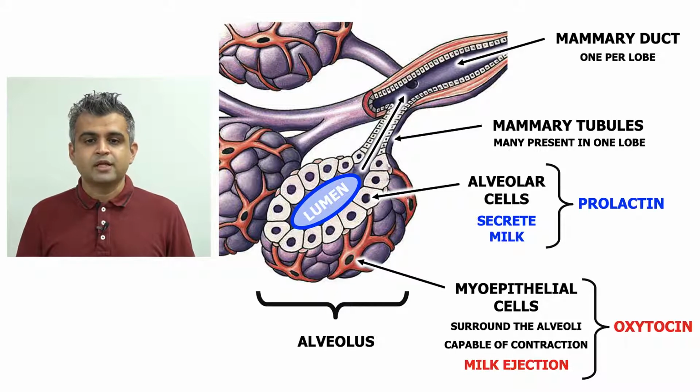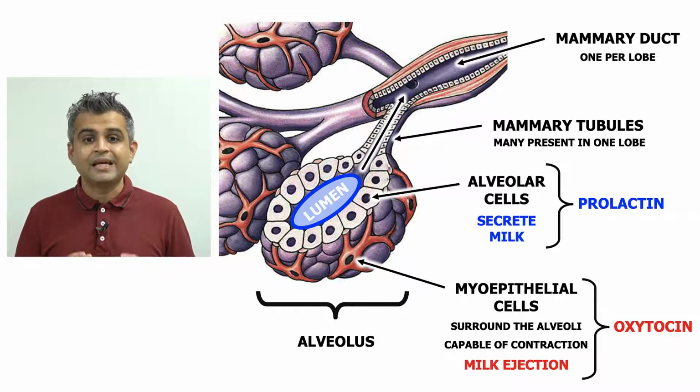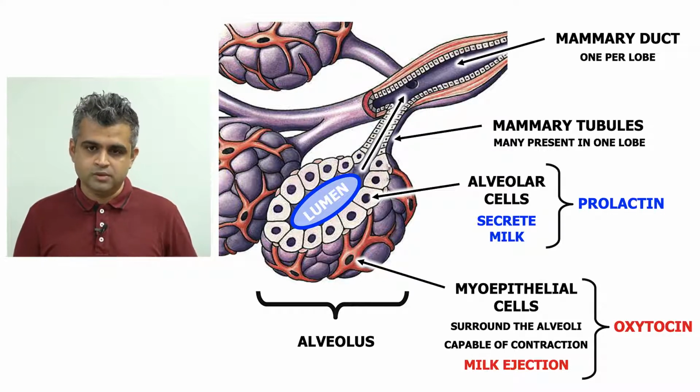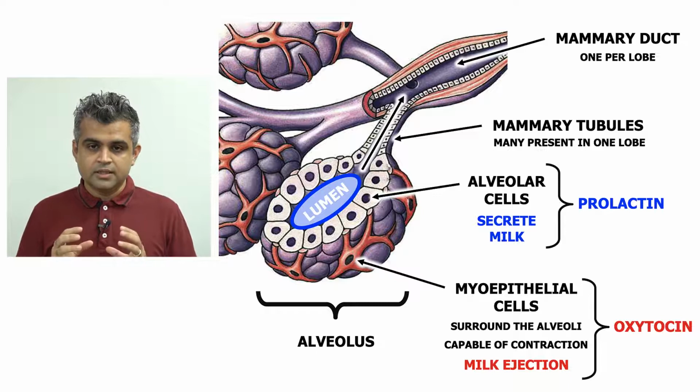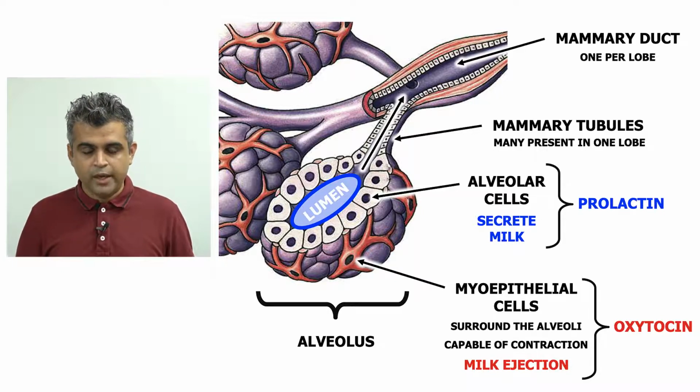That is because of contraction of myoepithelial cells which are under the control of oxytocin. So please remember this: milk secretion is prolactin, milk ejection is oxytocin. Clear? So please take a screenshot of this, and this will help you to remember the difference between prolactin and oxytocin. Okay, moving on.